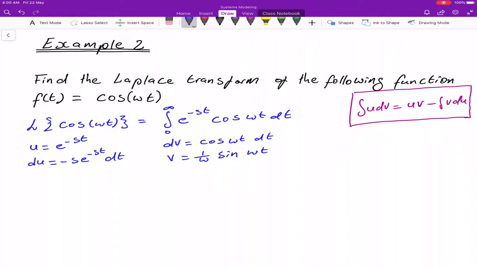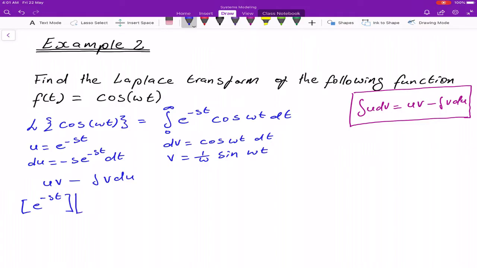Now, let me just write down again our equation that we want: uv minus the integral v du. U here is e to the minus st, so just going to insert that.